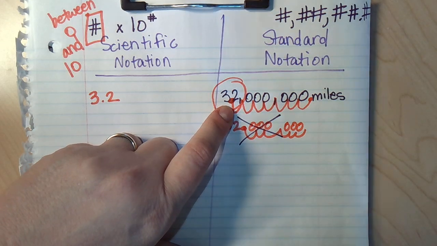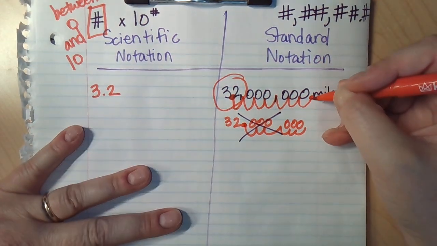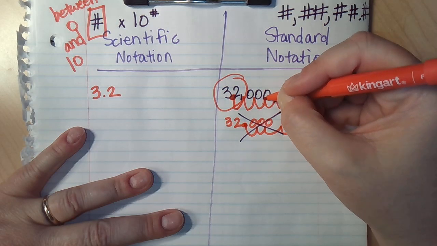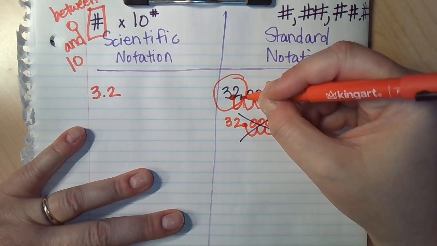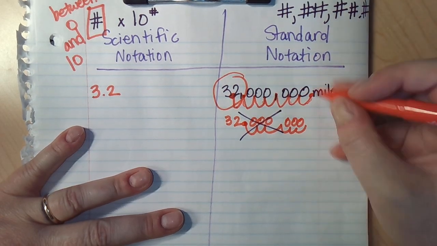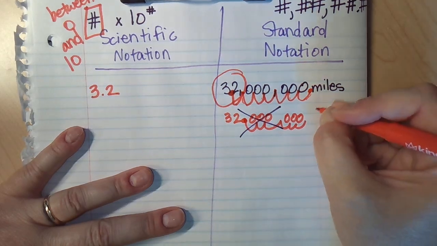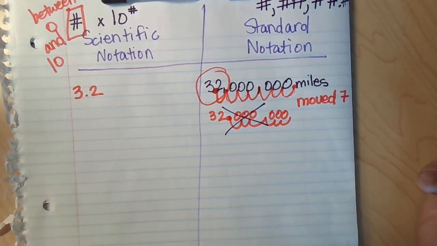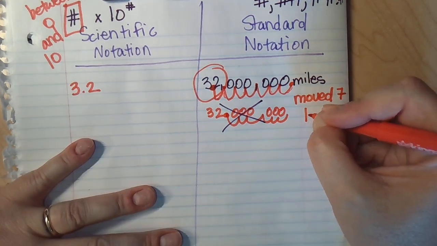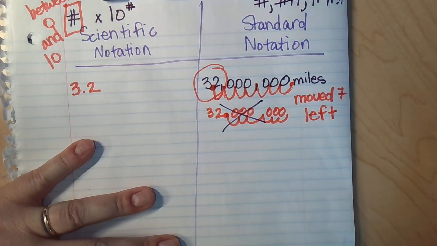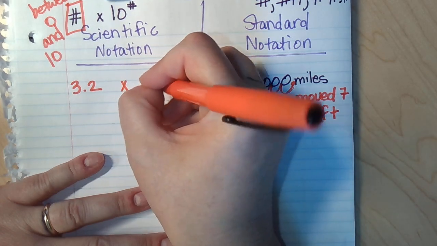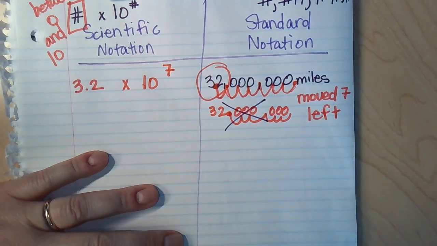Let's count how many times my decimal moved. 1, 2, 3, 4, 5, 6. And then I went another one, 7. And I moved that decimal 7 times to the left. Okay, so we're definitely going to put 3.2 times 10 and put a 7.